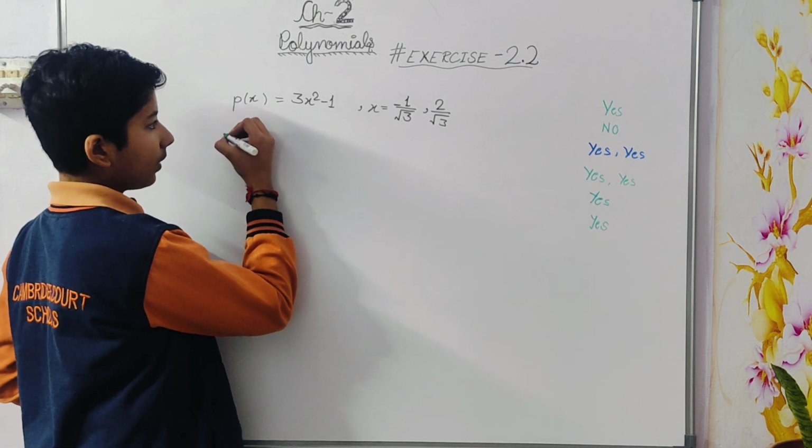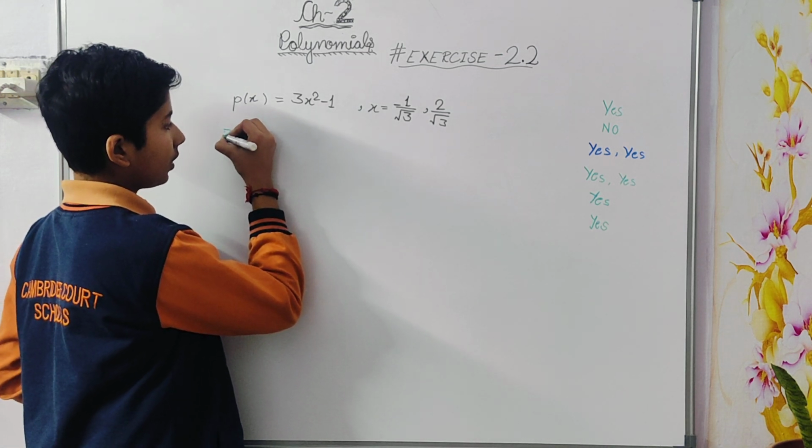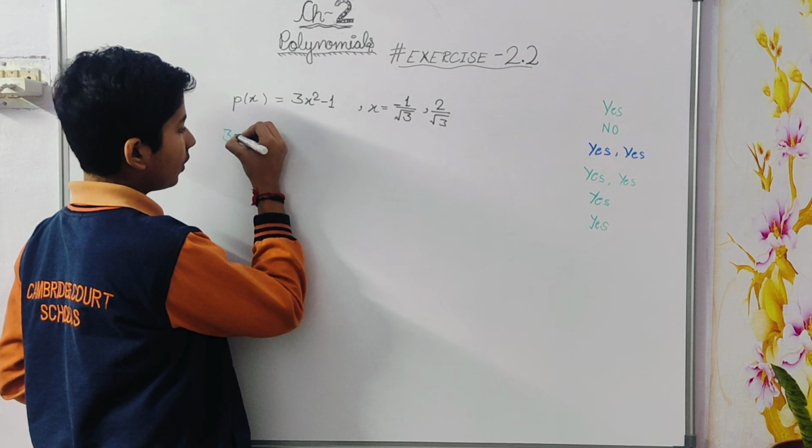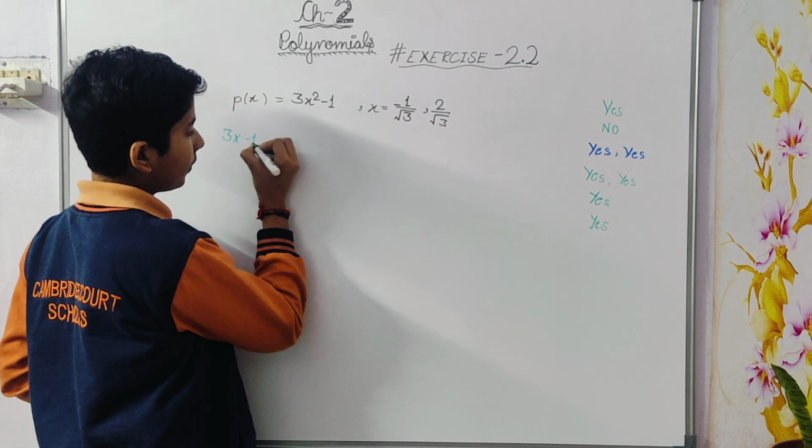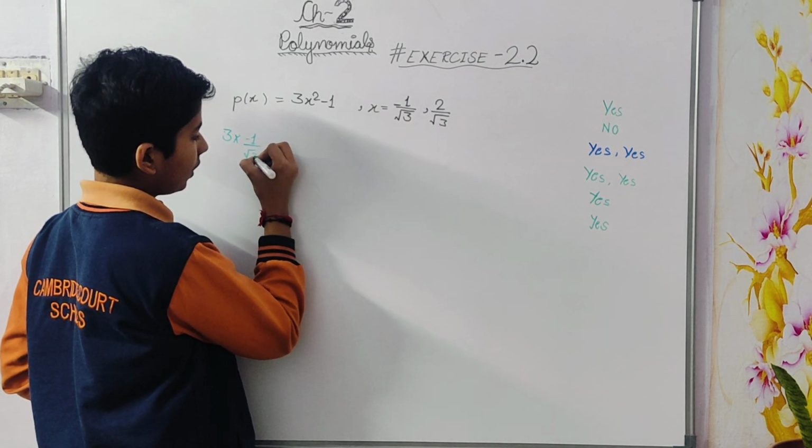Firstly, I'll do with minus 1 by root 3. 3 into minus 1 by root 3, whole square.